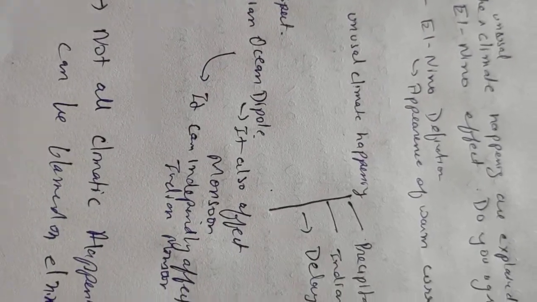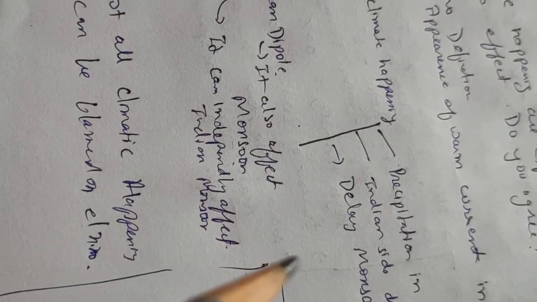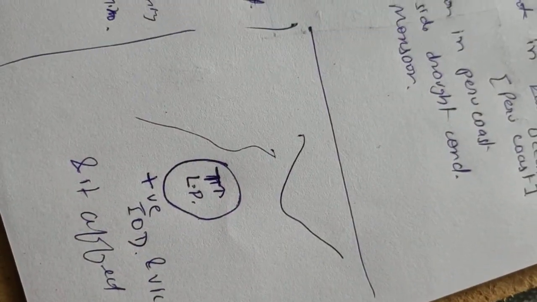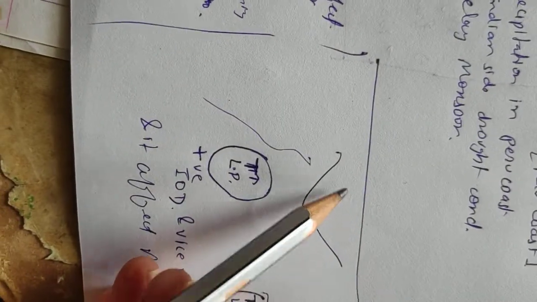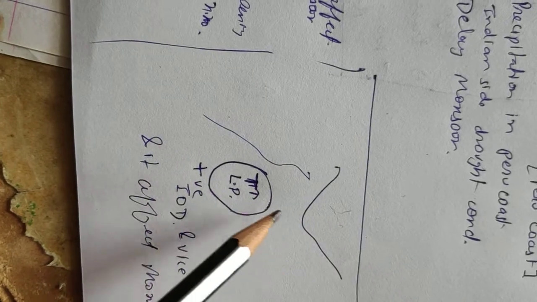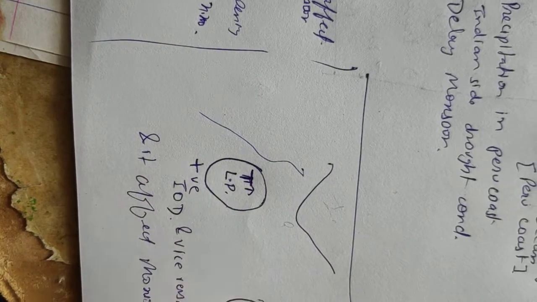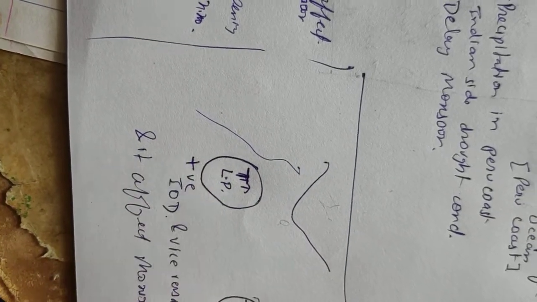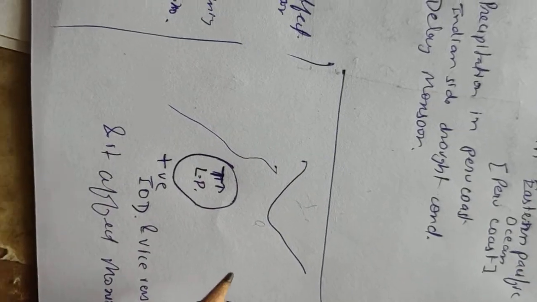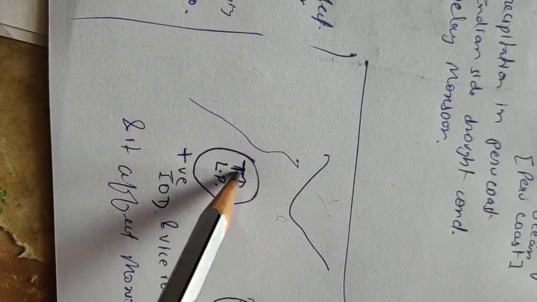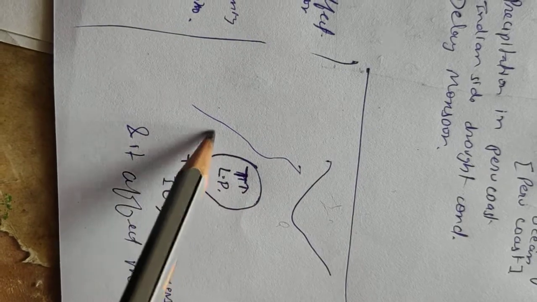IOD directly affects monsoon because, as you can see here, this is a map. Okay, it's a good map. So here it is the Indian subcontinent, the Indian Ocean, there is Sri Lanka. It is wiped out because you can see its economic activities. So temperature will increase near Madagascar.